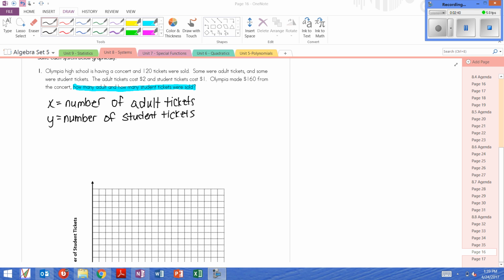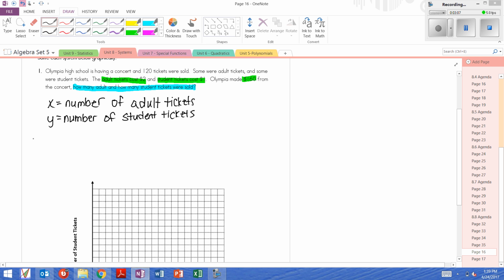The one thing that I've noticed is that there is a $160 total that was made. And then we're also talking about adult tickets costing $2 and student tickets costing $1. It's all money, so I'm pretty sure that those values are all going to be part of one equation.